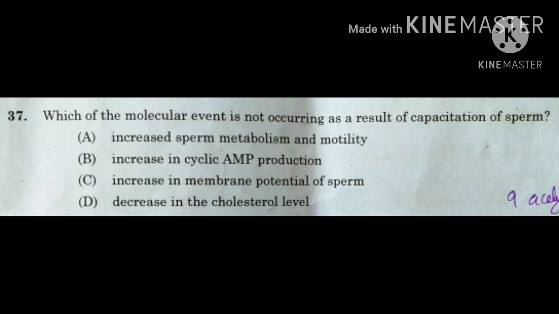So the correct answer for this question is option C. When your CSIR NET examination is concerned, the prevention of polyspermy in sea urchin is very important, so you have to study that portion also if you are preparing for the CSIR UGC NET.